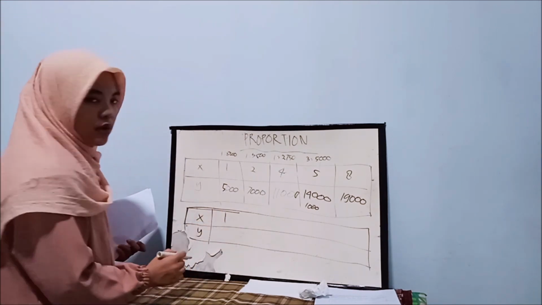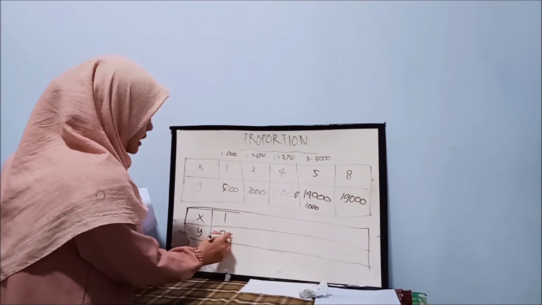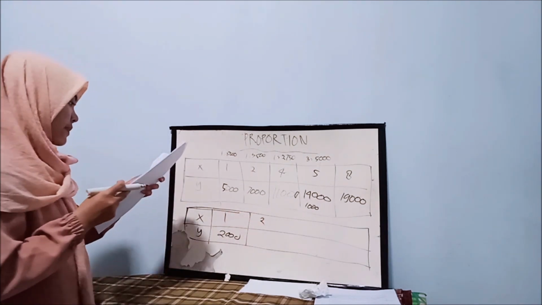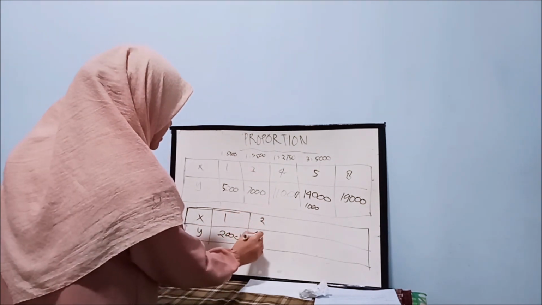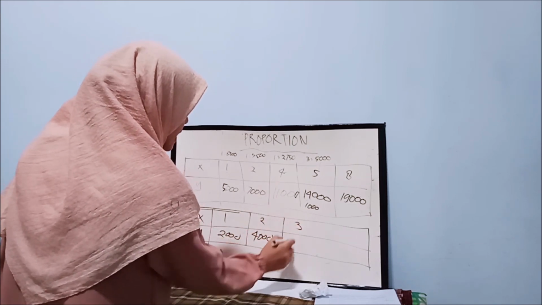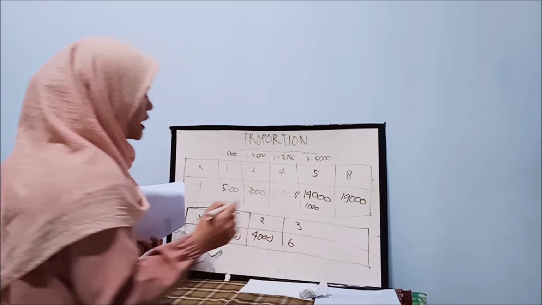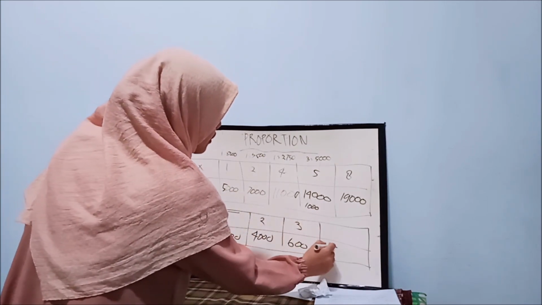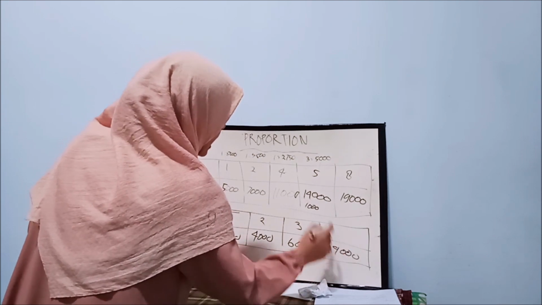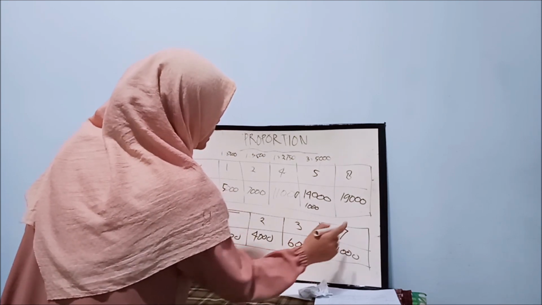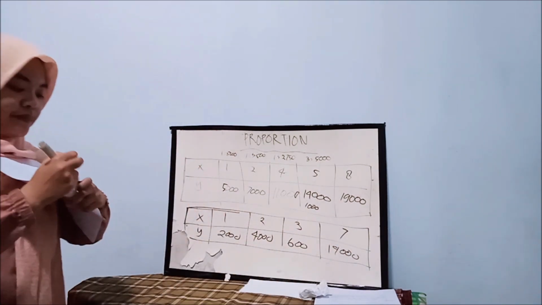For 1 it is equal to 2000, and for 2 it is equal to 4000, and for 3 Andi will pay 6000, and for 14 Andi will have 7 tickets.